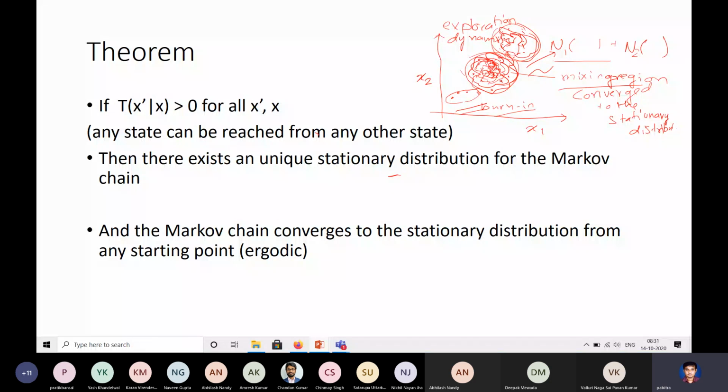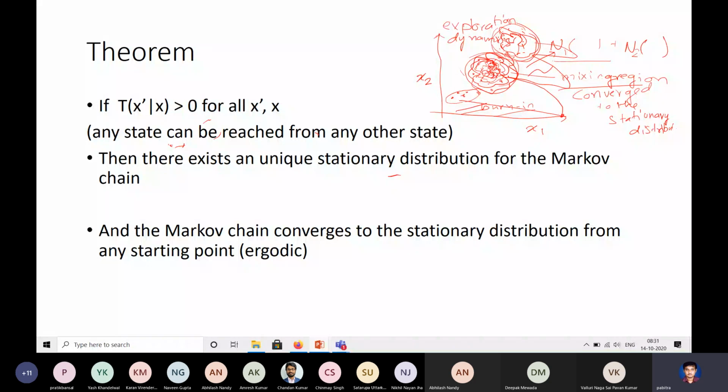But that's all fine in the mixing region, but taking a large step in the burn-in region might be problematic. If you take a large step here, you may go far away from your target distribution, then you have to come back to your target distribution. So you waste a lot of time in the burn-in region. If you take small steps, you do slow exploration.